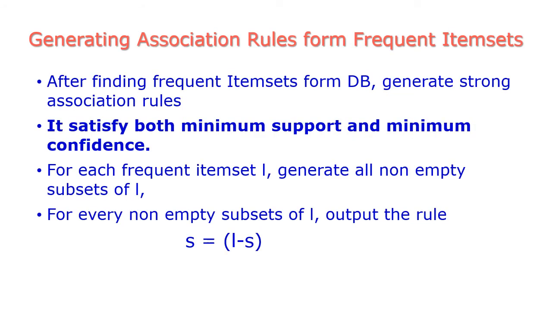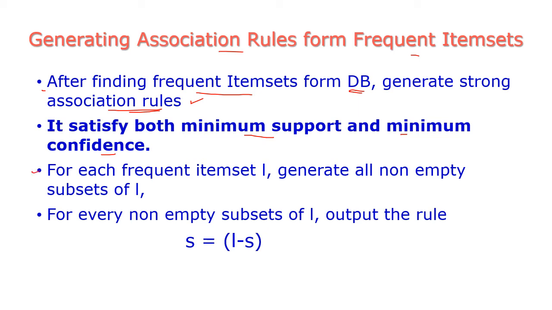The next step of the Apriori algorithm is generating association rules from the frequent item set. That is, after finding the frequent item set from the database, generate strong association rules that should satisfy both minimum support and minimum confidence.